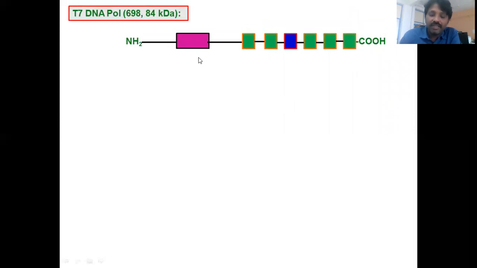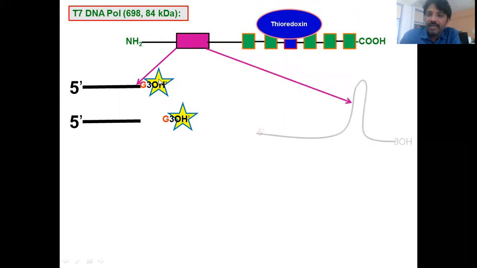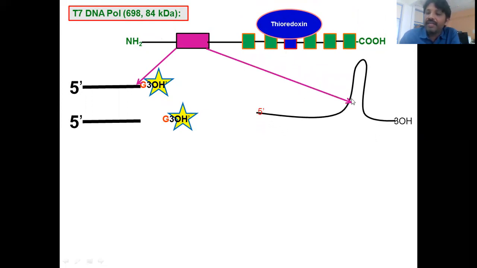So this is a T7 DNA polymerase having 3' to 5' exonuclease activity and polymerase activity, with thioredoxin. And you see, because of this exonuclease activity, it can cleave or remove the labeled nucleotides from the ends or terminus. And the second problem is, as I told you, that whenever a single-strand DNA forms a secondary structure like hairpin loops, because of the exonuclease activity, the polymerase becomes idle.